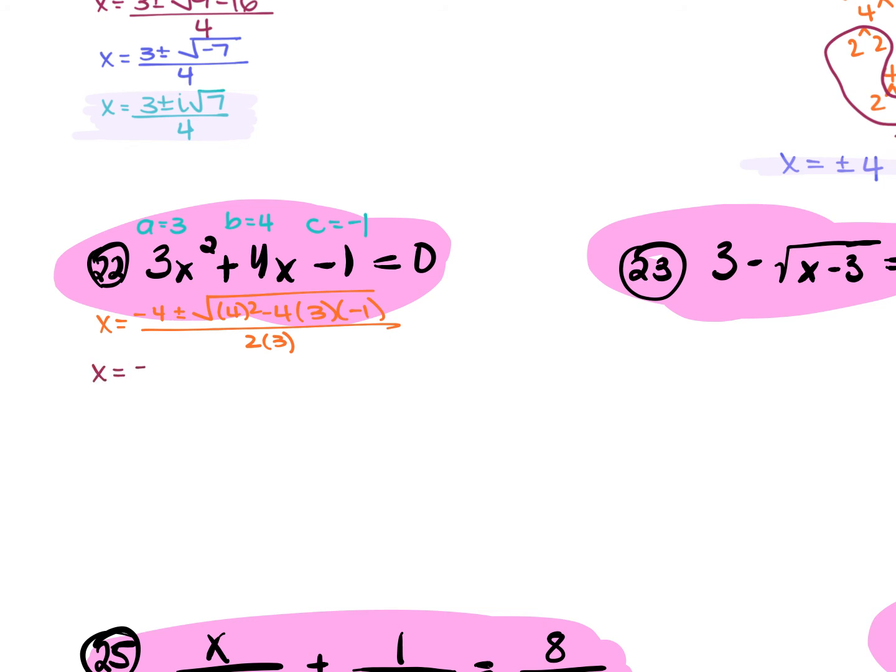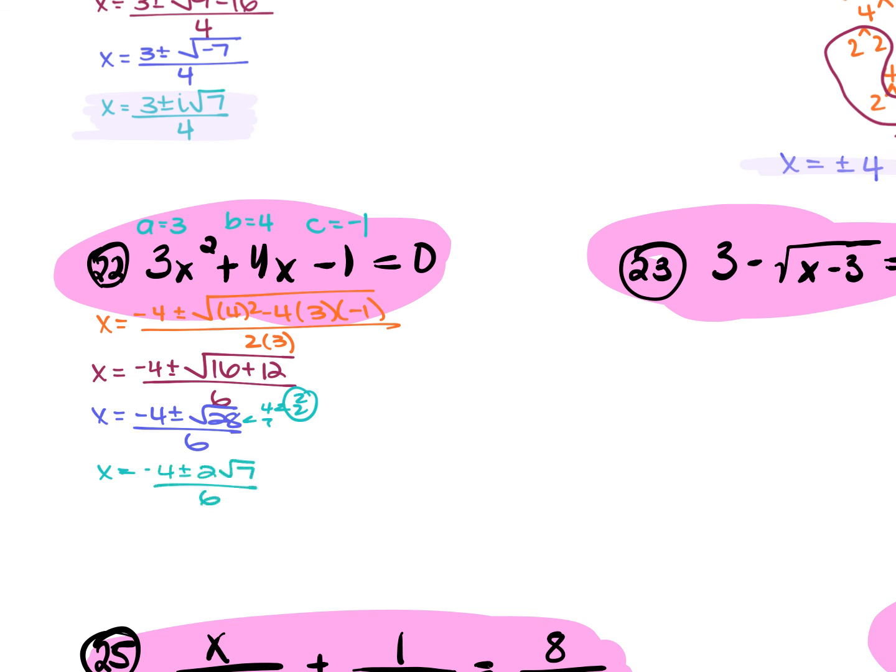So this simplifies to be -4 plus or minus the square root of 16 plus 12 all over 6. The 16 plus 12 gives us 28, so -4 plus or minus the square root of 28 all over 6. That 28 is 4 and 7. The 4 is 2 and 2. So those two 2's pair up, so you get x is equal to -4 plus or minus 2 square root 7 all over 6.